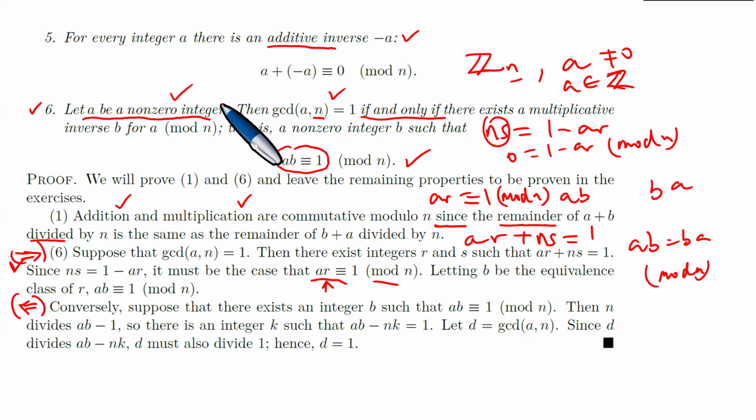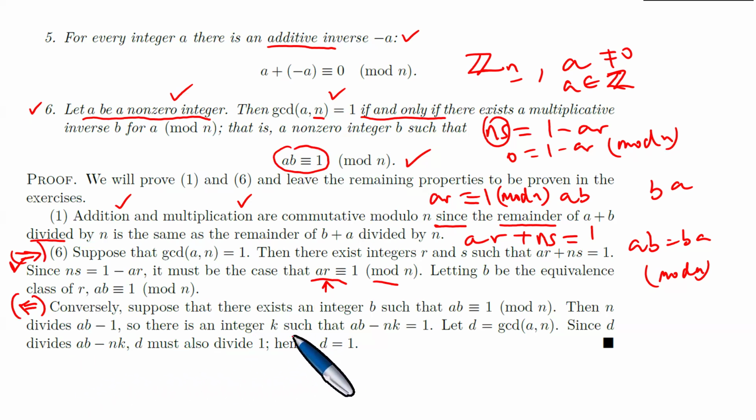And we want to establish the premise now. So then N divides what? Because if AB is equivalent to 1 modulo N, then we can move the 1 to the side of the AB, so the 1 becomes negative. Therefore N divides AB minus 1.